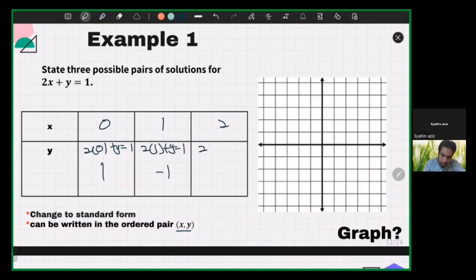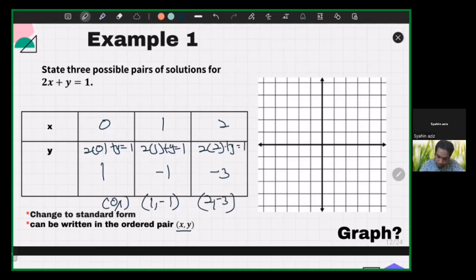And 2 times 2 plus y equal to 1, so y is -3. It can also be written in the order of pairs, x, y like this: 0, 1, then 1, -1, and 2, -3.